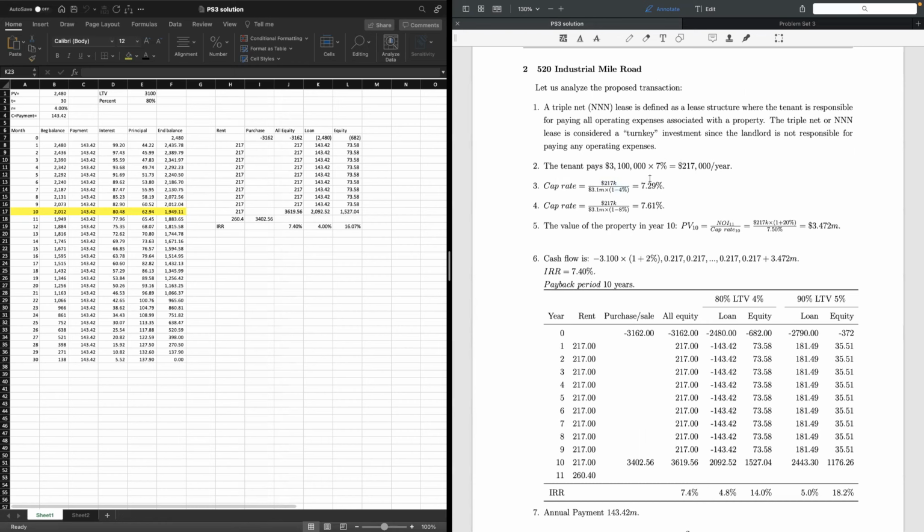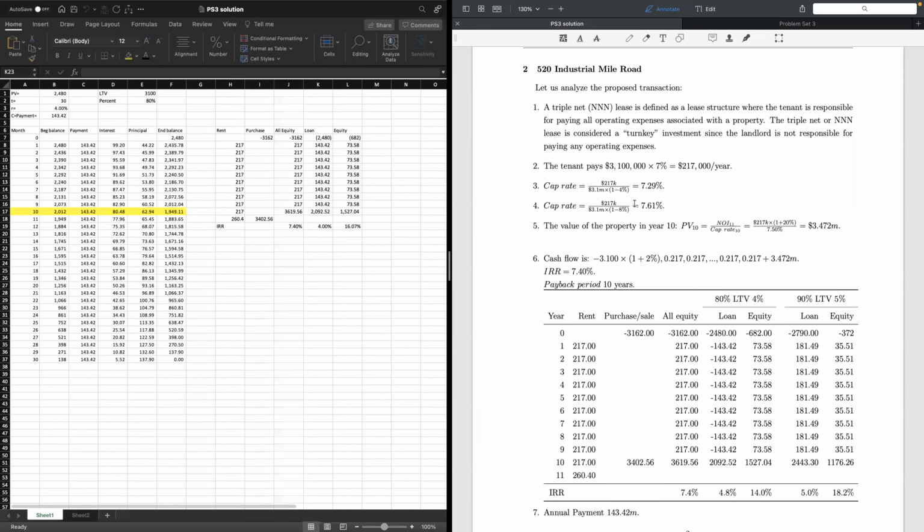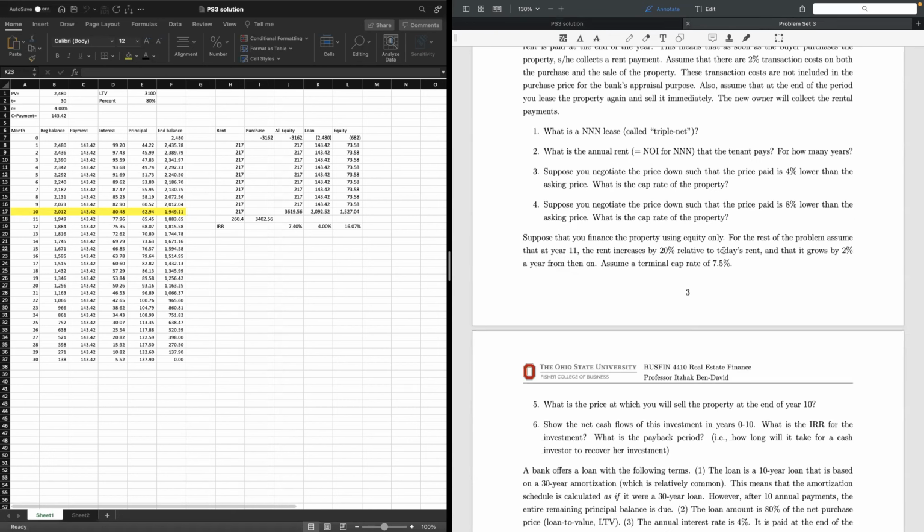So as expected, because the price decreased, the cap rate increases to 7.3%, higher than 7%. If you negotiate down more, which is 8%, then you get an even higher cap rate, which is 7.6% here. These two are very straightforward, and most of you got it right, which is really good.